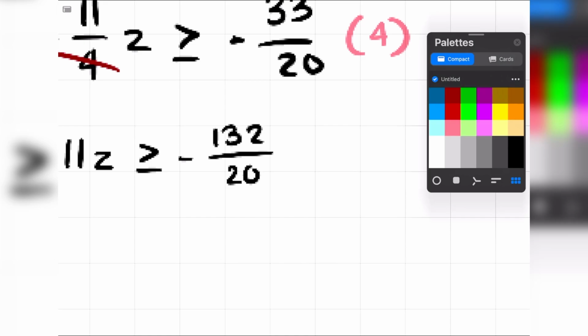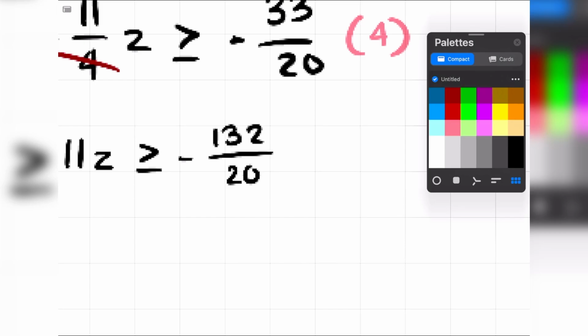20 can be divided by 10 evenly. Can you divide 132 by 10? No, you get 13.2. The 20 can be divided by 5 evenly, right? So can you divide 132 by 5? No, 26.4. 20 can also be divided by 4 evenly. Can you divide 132 by 4? It's 33.